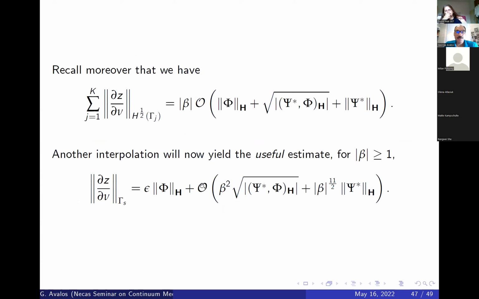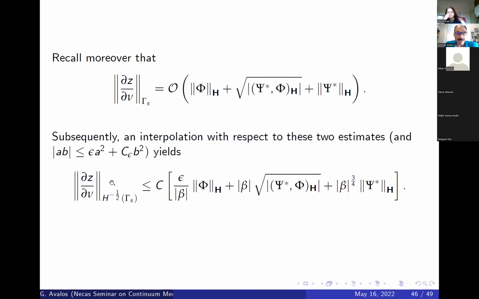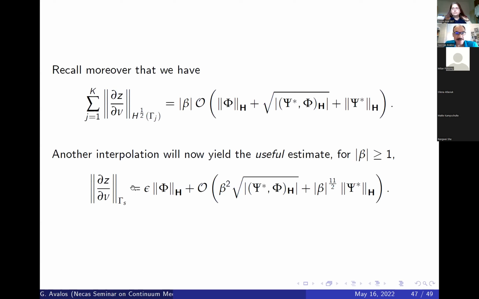So we use our estimate for the normal derivative in 1/2 sense coming from Sobolev trace theory on polyhedra. We interpolate again between 1/2 and -1/2 to get the desired control of the normal derivative.